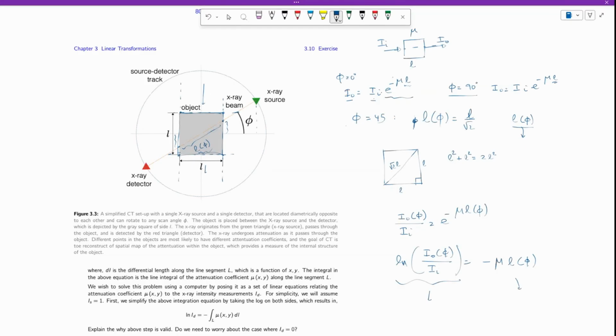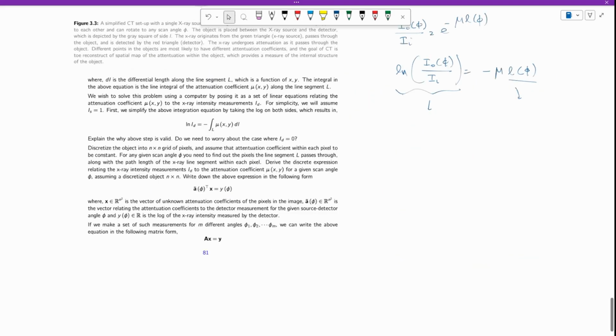In fact, you only need one reading, because the absorption coefficient is constant. Once you know one value for L of phi and one value for the left hand side, then you can solve for mu. So here you only need one. But it'll be good to find out this general expression.